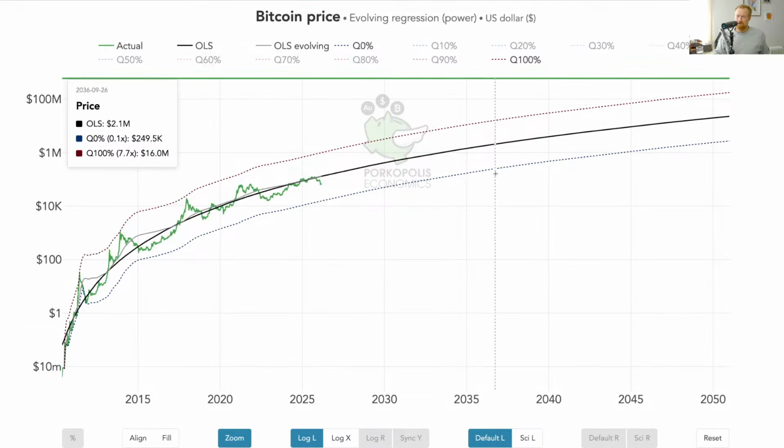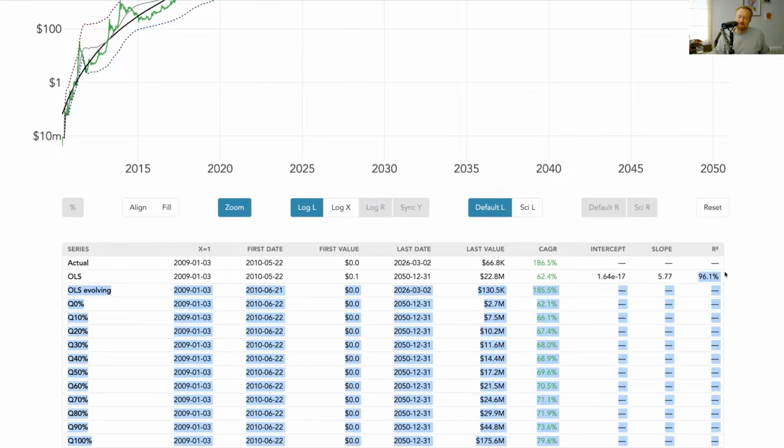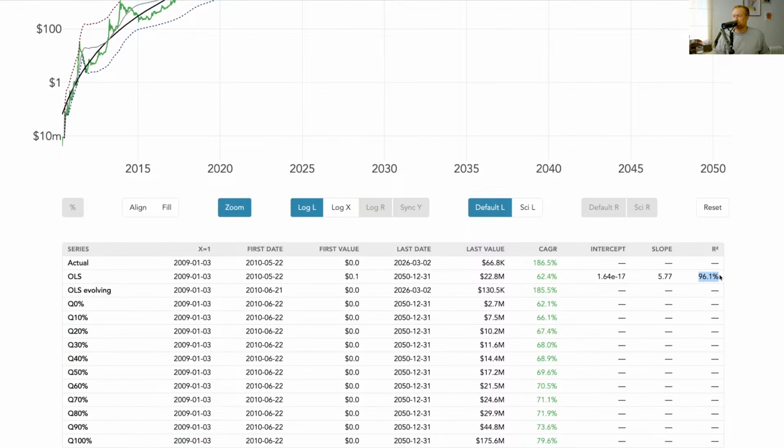But with the power curve, and I know people keep asking, is the power curve broken? It doesn't work like that. This is not a TradingView line on a chart. This is more of a regression, a mathematical formula, where you find how good it is based on this R squared right here.